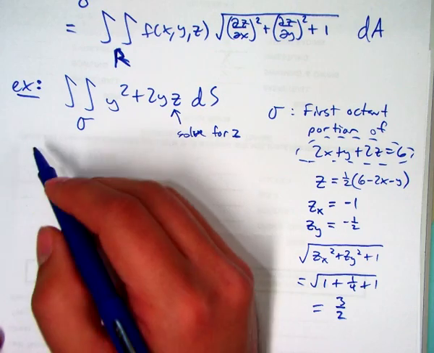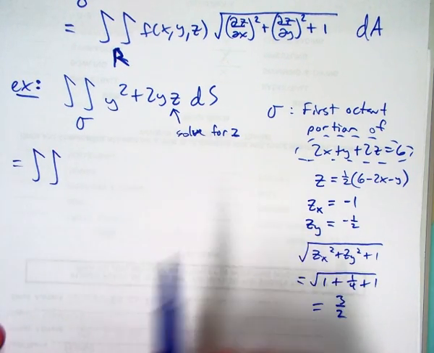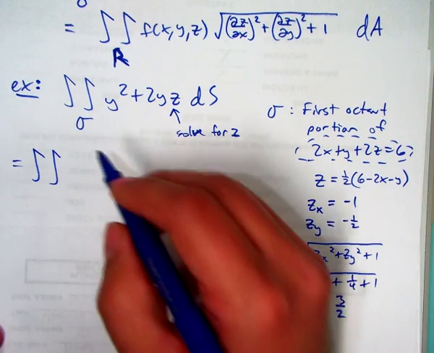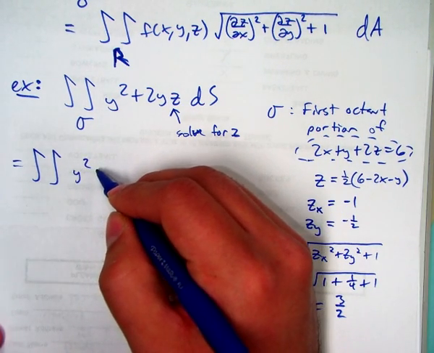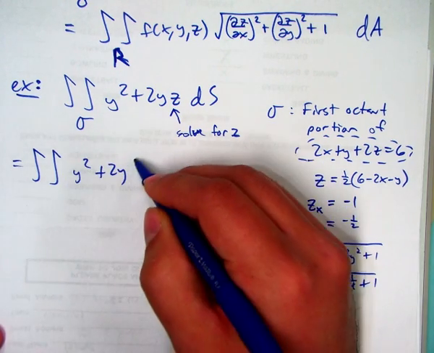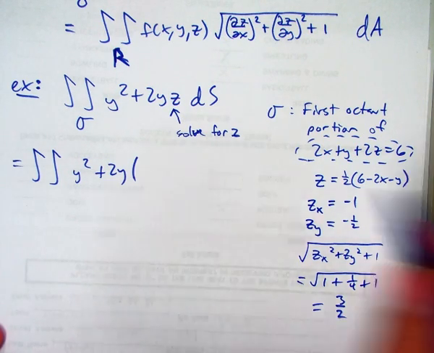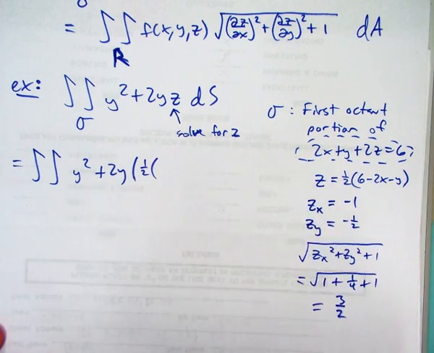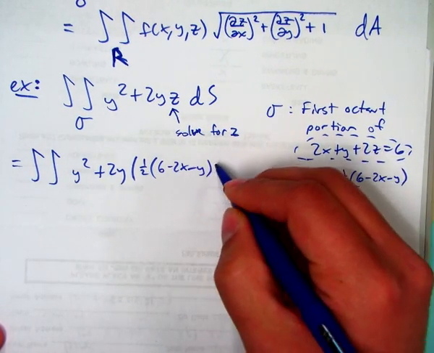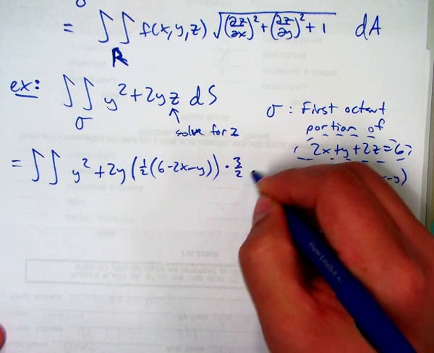So now let's rewrite the integral. We're going to have y squared plus 2y, but now z is going to be 1/2 times 6 minus 2x minus y, times 3/2 dA.